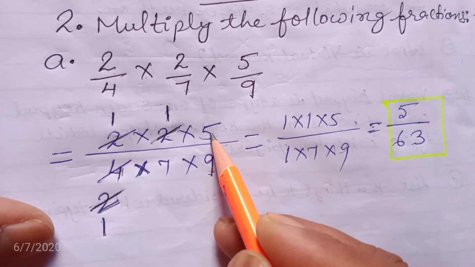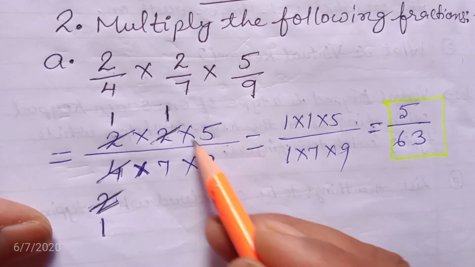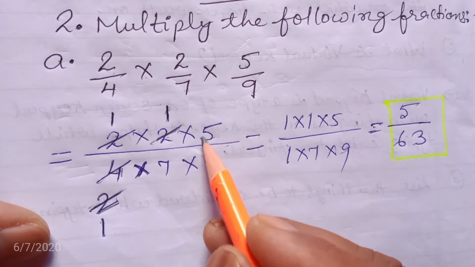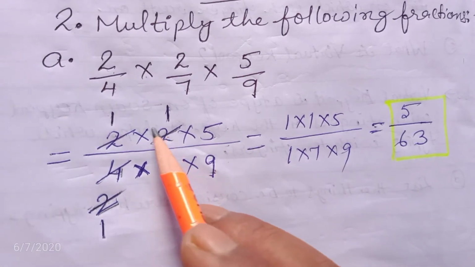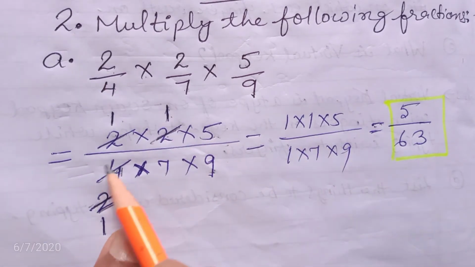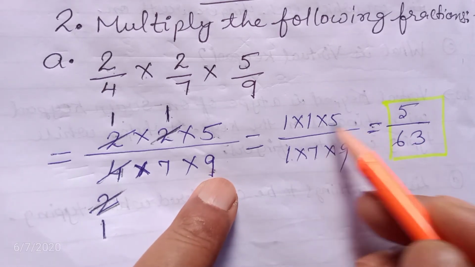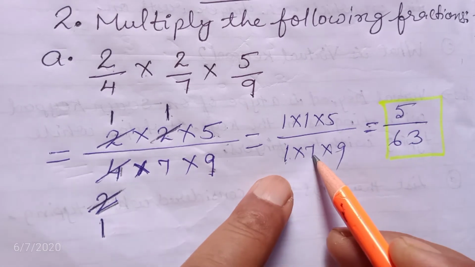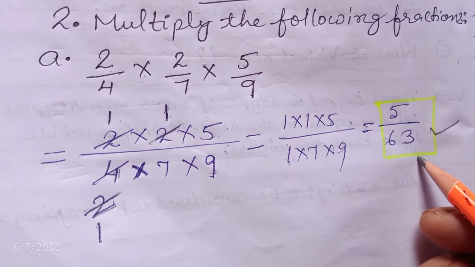Now see, there is no common factor. 5 is a prime number. It cannot be divided by any other number. Denominators are 7 and 9. So 5, 7 and 9 have no common factors. So now multiply the numerators: 1 into 1 into 5 divided by 1 into 7 into 9. 1 times 1 is 1, 1 times 5 is 5, and 1 times 7 is 7, 7 times 9 is 63, and 5 by 63 is a proper fraction.